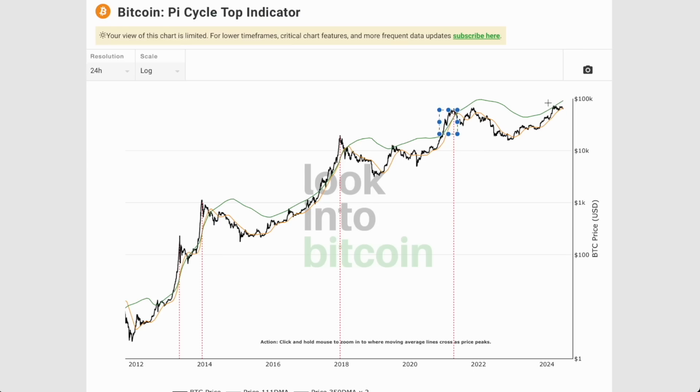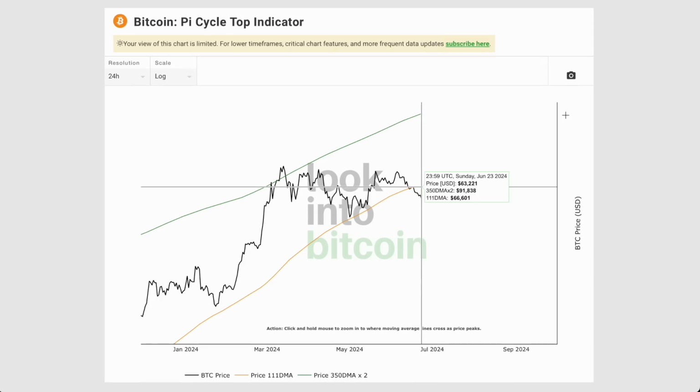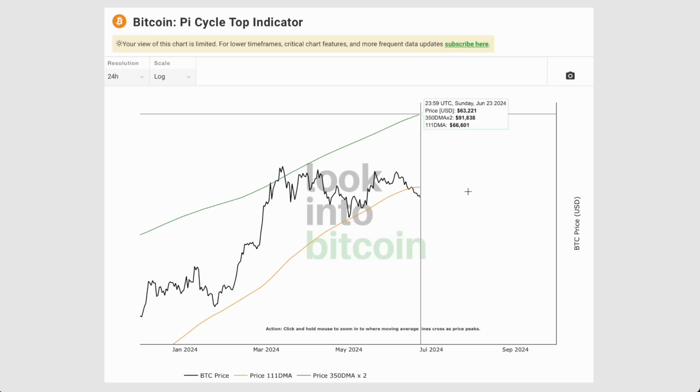So the fact that we've rejected from the green moving average doesn't come as a surprise, but in the future we're probably going to be able to break the green moving average, and the green moving average represents the price of 92k in fact. So history is suggesting that once we revisit 91k, we're going to be able to overextend beyond it.